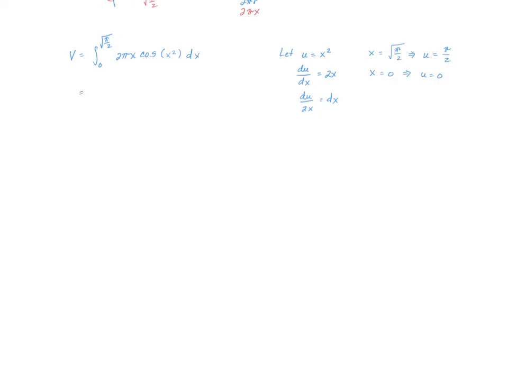Our volume will now go from 0 to pi over 2. We have 2 pi x cosine of u, dx is du over 2x. So remember, we can't integrate until everything is in terms of u. But notice that the x's cancel, and in this particular case, the 2 will cancel as well.